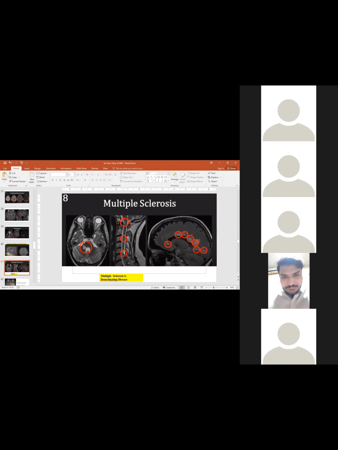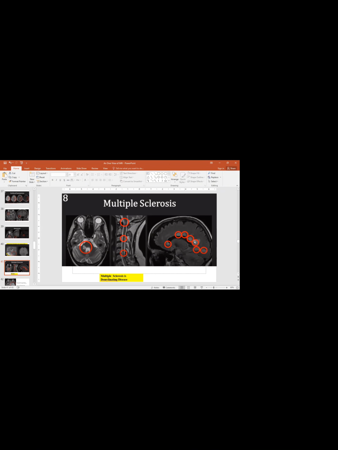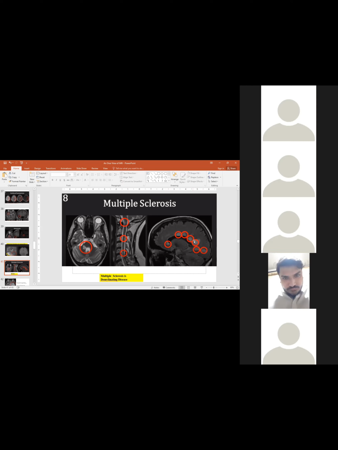We picked up abnormal signals in the cervical canal, and we picked up bright signals in the midline sagittal section, affecting the corpus callosal area. Near the corpus callosal area, we saw multiple bright areas. So it was diagnosed as a case of multiple sclerosis affecting different parts of the CNS, and this pathology looked like this on MRI examination.